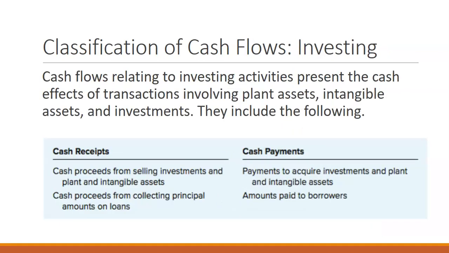The cash flows from investing, these are cash proceeds from collecting principal on loans and from selling investments and plant and intangible assets, or cash payments out to buy more property, plant and equipment, intangible assets, investments, or paying money out to borrowers.